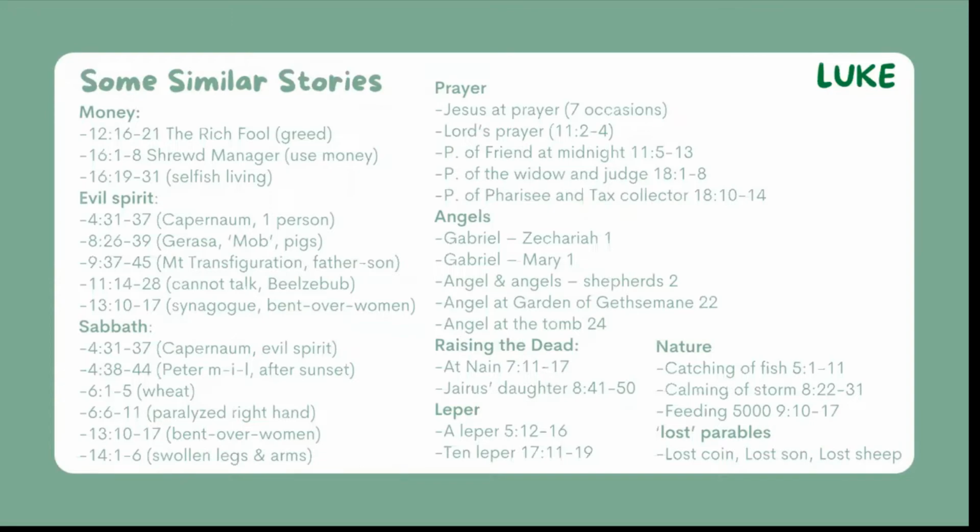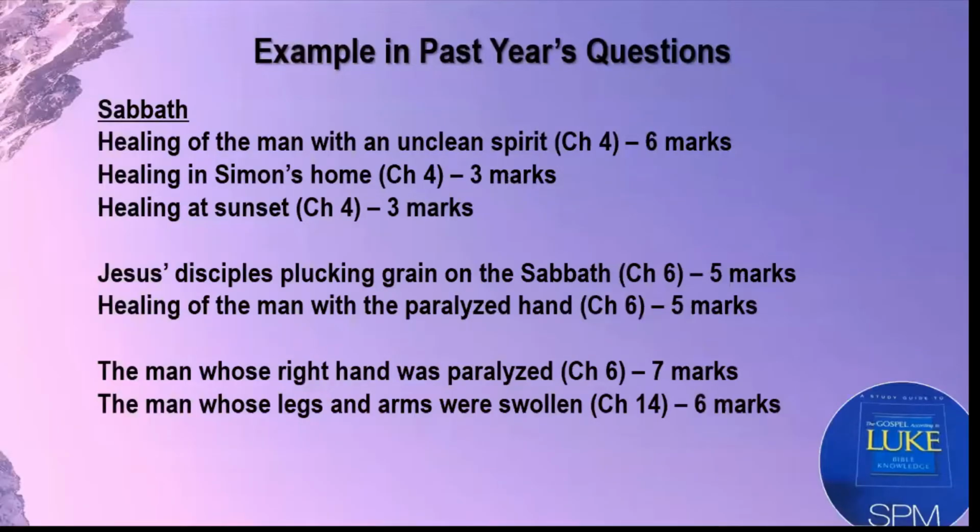Now, we will want to look first at some past year questions. Just regarding the Sabbath, you notice that they do ask it like this before. Narrate the healing of the man with an unclean spirit, 6 marks. That's from chapter 4. Narrate the healing in Simon's home. Narrate the healing at sunset. Now, all of these 3 incidents, while happening one after another, happen because of a story on the Sabbath.